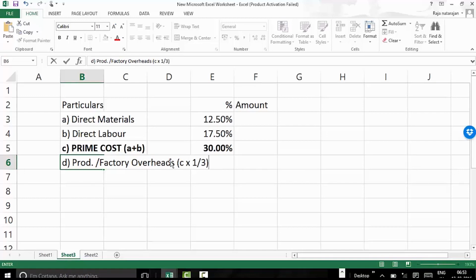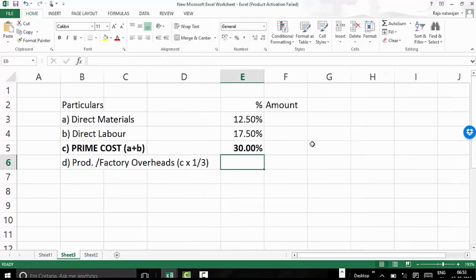Okay, because one third of prime cost is my production overheads. So let me do that. I'll multiply 1 by 3, or simply I should divide it by 3, and that says it is 0.1, and that 0.1 is actually 10%.